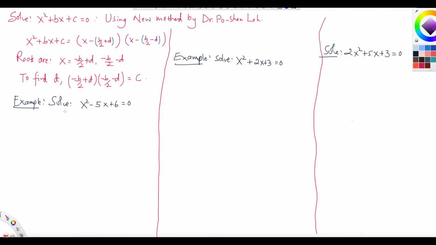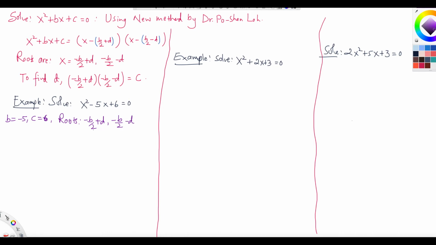The first example is solve x squared minus 5x plus 6 equals 0. So following this method, let's find b and c. What is b? b is negative 5. What is c? c is 6, right? So with this information, the roots are negative b over 2 plus d and negative b over 2 minus d.